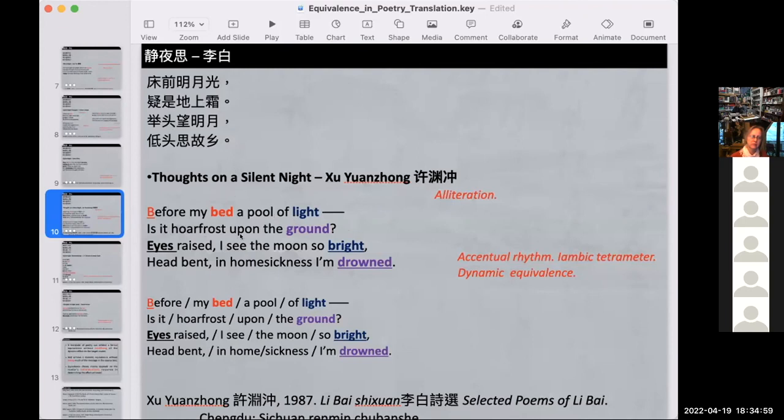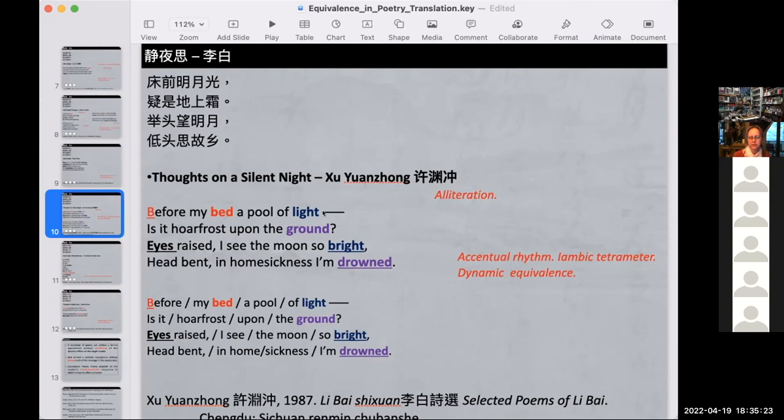Ming yue guang, a pool of light. If you follow it, you find it's more or less a very close, very faithful translation. Yet there is end rhyme, there is internal rhyme, there is alliteration, and there is accentual rhythm. It's not easy. It's almost impossible. And this is what he does in all his translation.